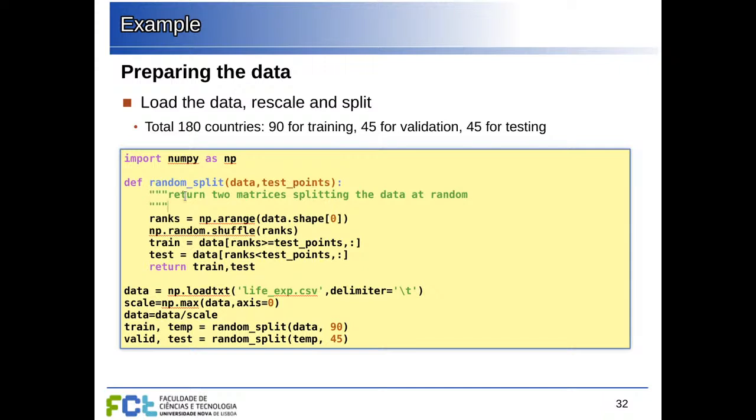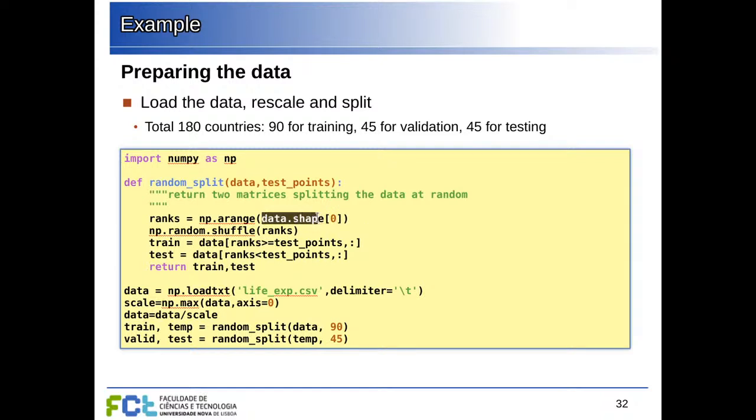And one way we can do this is this arange function, which is similar to range in Python, but returns an array. If you give it just a number, it will return a NumPy array with 0, 1, 2, and so on, and as many elements as the number you indicate here. So the number we are going to indicate here is the first element of the shape of data. Data is a matrix.